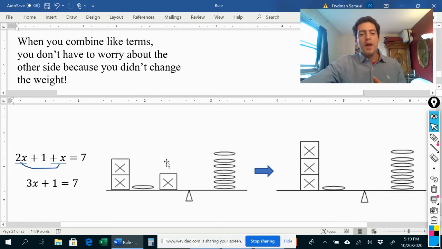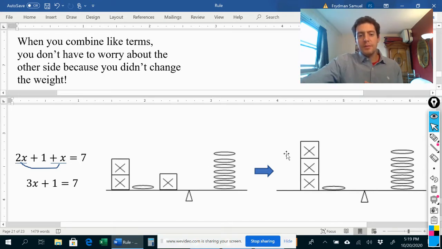But after we combine like terms, then we get 3 x's here instead of 2 x's and 1 extra x. So this equation is represented by this picture over here where we have 3x plus 1 is equal to 7, meaning it perfectly balances out the 7 stones.